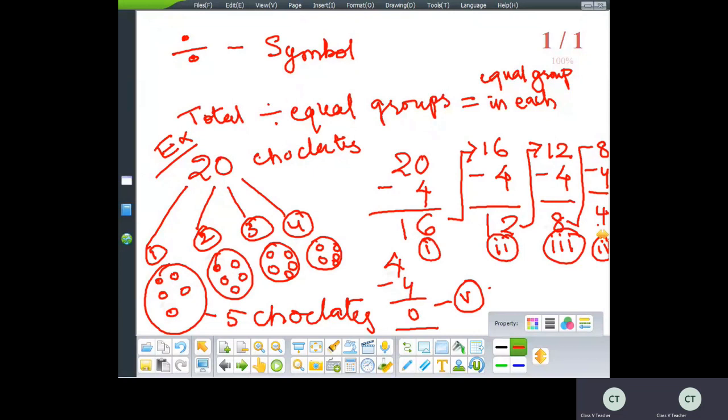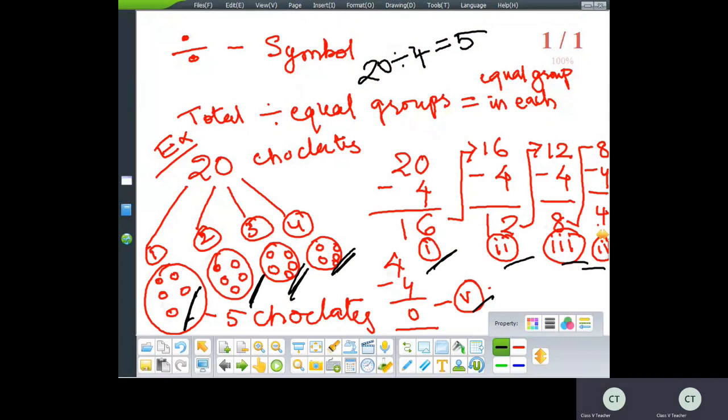How will you write it? 20 divided by 4 will give you 5. 5 is nothing but the number of times which we did, and the number of equal groups, with an equal number of chocolates in each group. So 20 divided by 4 is 5. Got it? Both the methods I showed you.